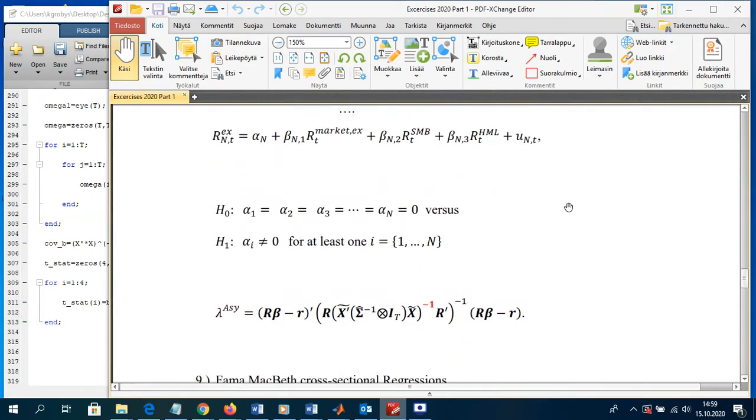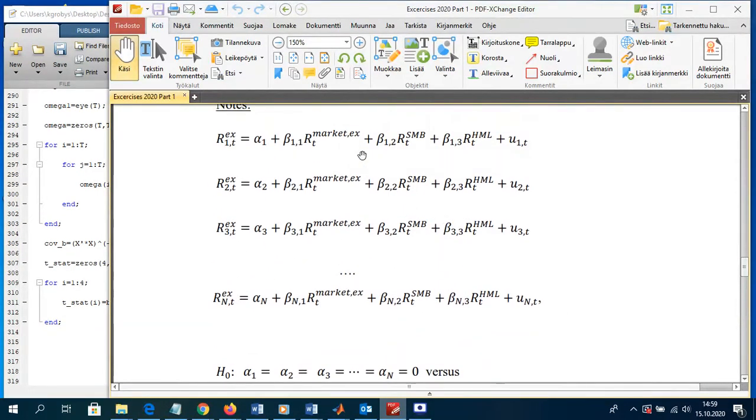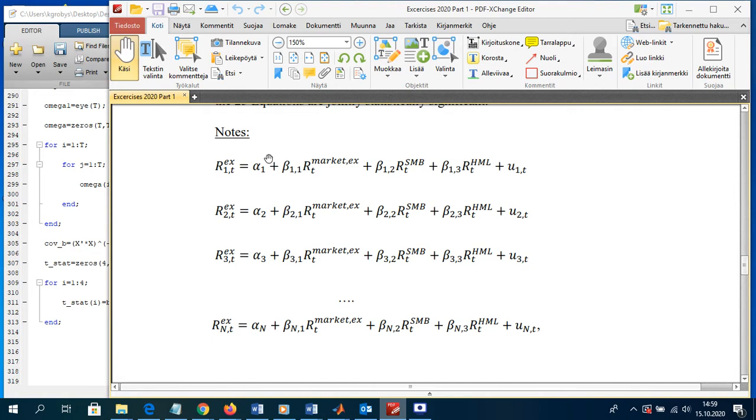So our hypothesis looks like this. Our null hypothesis is because we're interested in the question: can the Fama and French three-factor model price these 25 stocks of our data set correctly?